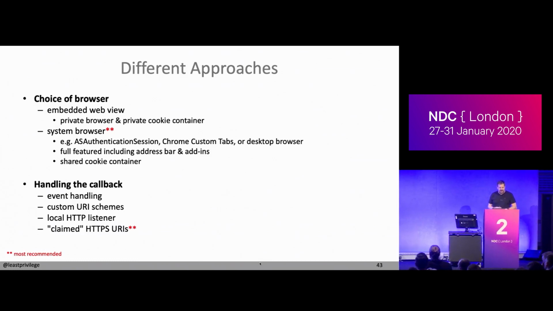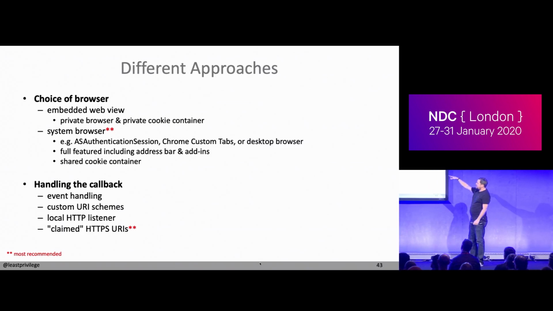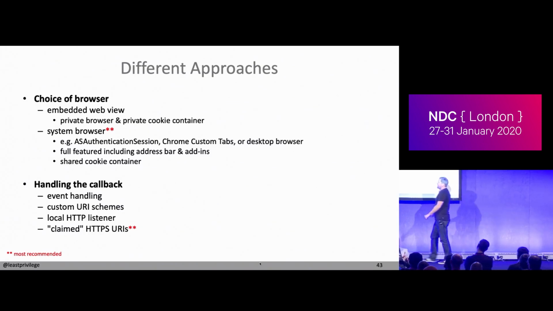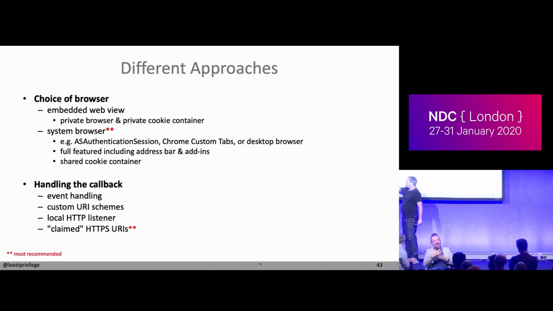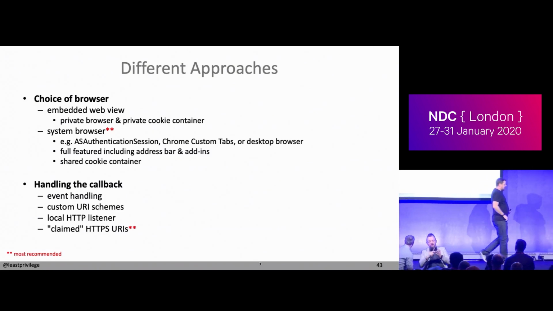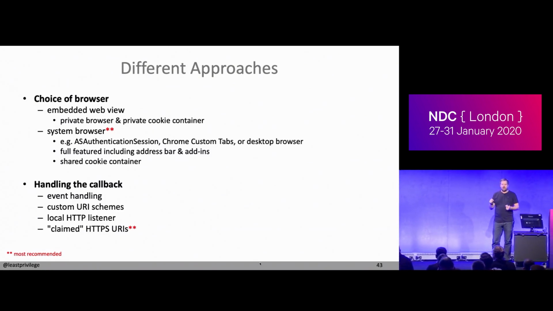Okay, as I said, there are a couple of approaches here. We have the system browser, we have private browsers, and so on. If you can, always use the system browser. Then there are a couple of ways how you handle the callback. With custom URI schemes, maybe. My preferred one is what they call claimed HTTPS URIs. You've seen that before, maybe when you open a link to, let's say, Amazon, and you have installed the Amazon app on the phone.